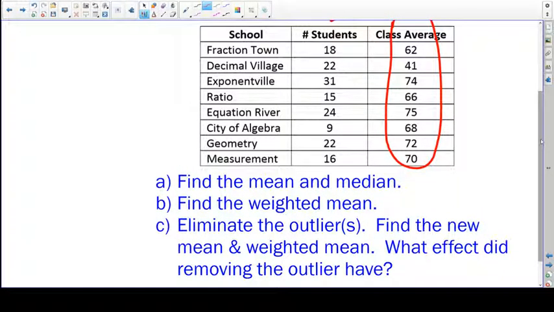So we'll start off with 41. Then we're going to look at 62, 66, and 68. Then we'll look at 70, 72, 74, and 75.